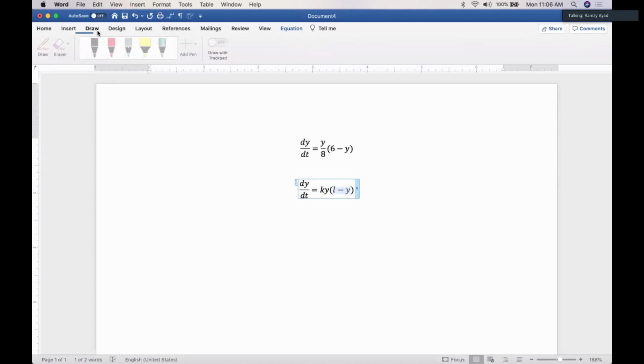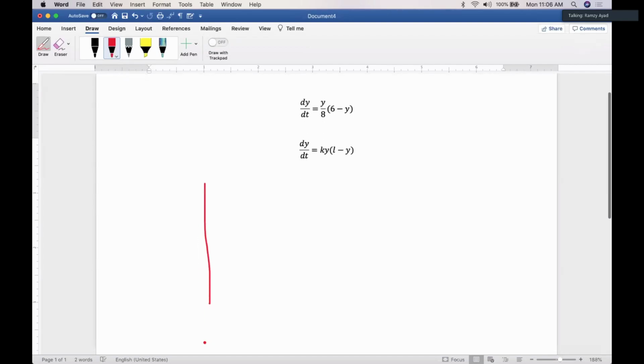Okay? A logistic equation is the equation that we write to represent population growth or decay that's different. There are two models of population growth and decay.